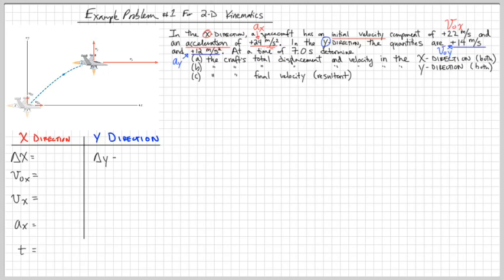I'm writing out those 5 kinematic variables in my t-chart, being sure to keep my subscripts straight to indicate which direction is which. And notice that my time at the very bottom is simultaneous. The time in the x direction is going to be the same as the time in the y direction because the object is not splitting and occupying 2 different points in space at the same time. It is a macroscopic object, not a quantum one.